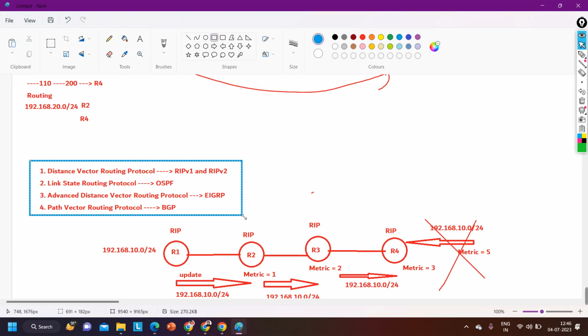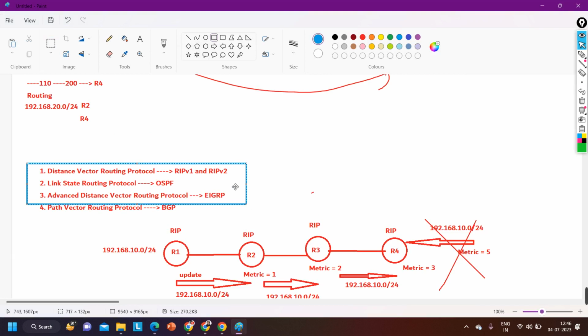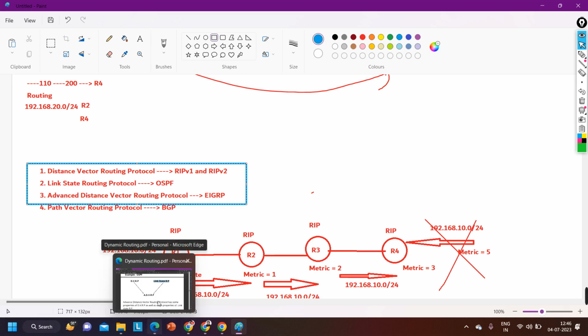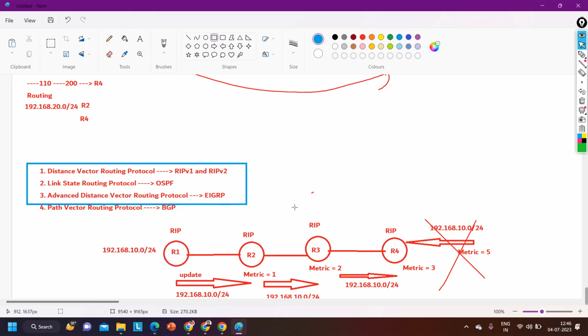We are not going to discuss path vector now. We are going to discuss these 3 dynamic routing protocols first. We had discussed distance vector and link state. Now advanced distance vector is a combination of both. It has some properties of distance vector and some properties of link state. Getting my point? Yes.